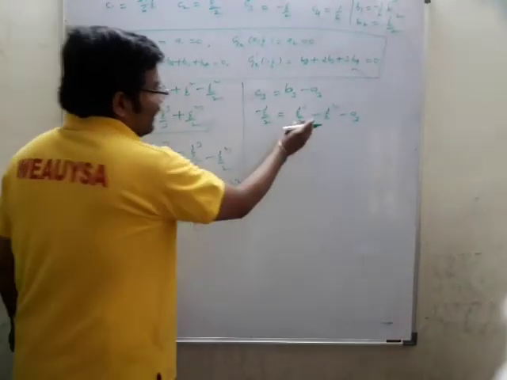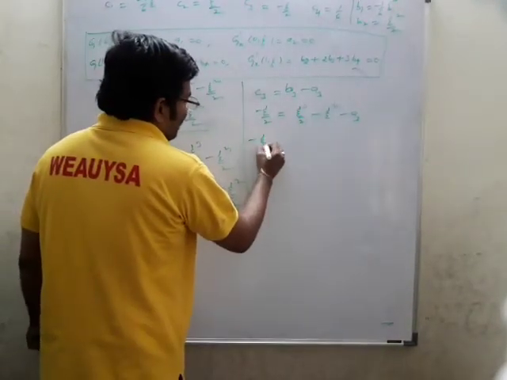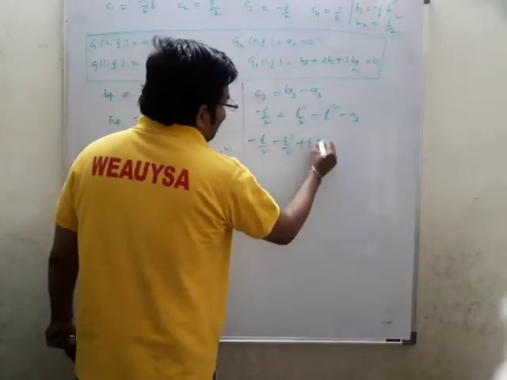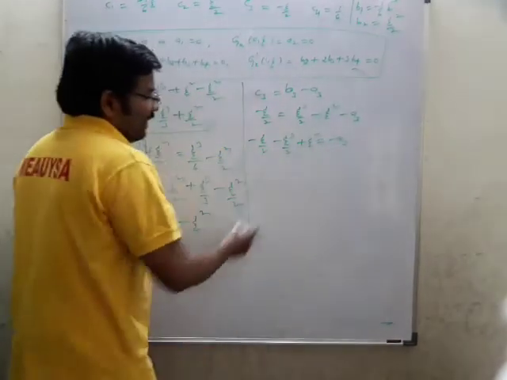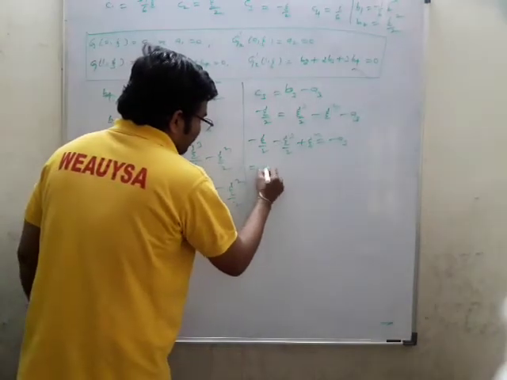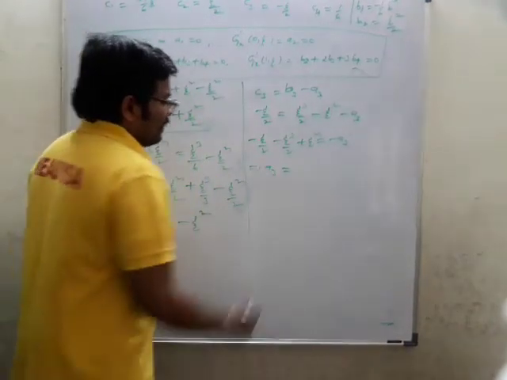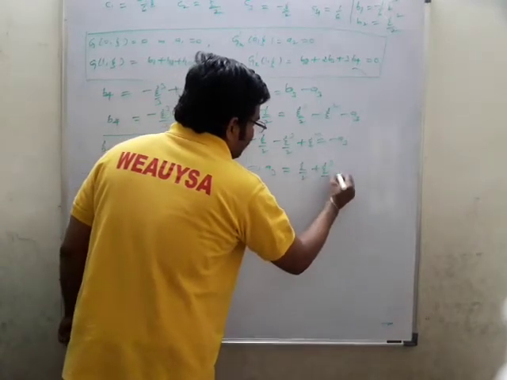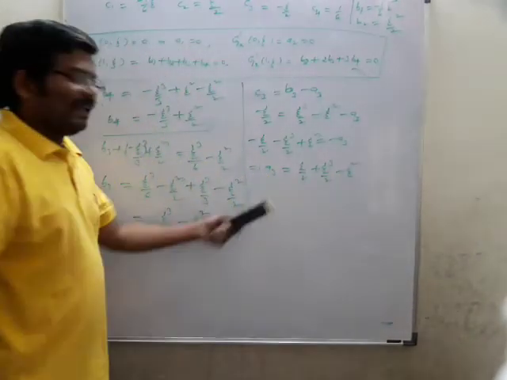So I'll take all these terms to this side: minus xi by 2 minus xi cube by 2 plus xi square equal to minus A3. If I apply minus, that implies A3 is equal to xi by 2 plus xi cube by 2 minus xi square. A3 I got.